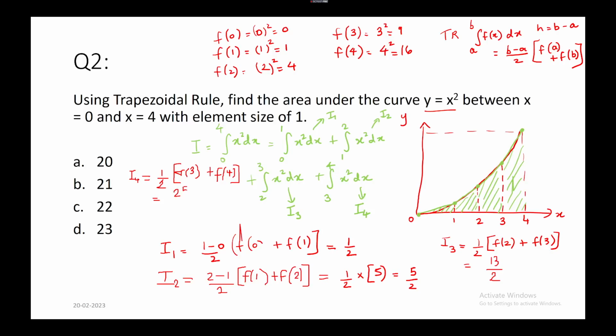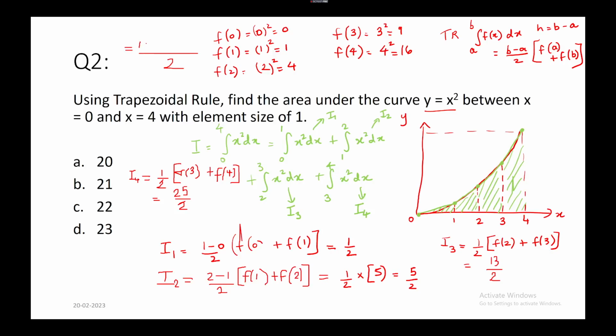25 by 2. Okay, so I is nothing but I am going to add all the 4, I1 plus I2 plus I3 plus I4. So half plus 5 by 2 plus 13 by 2 plus 25 by 2. So your denominator will be 2.